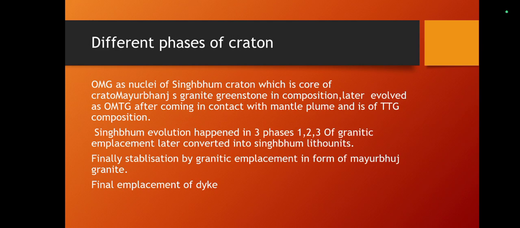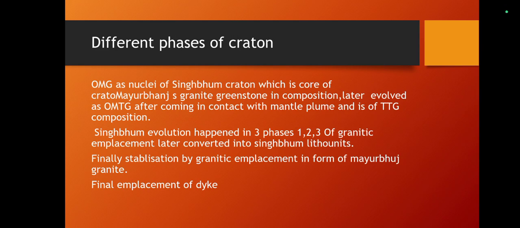According to that, this Singhbhum core was later transformed into Singhbhum 1, which was later transformed into Singhbhum 2 of different composition, and finally Singhbhum 3 of totally different composition, but the core is your older metamorphic group.